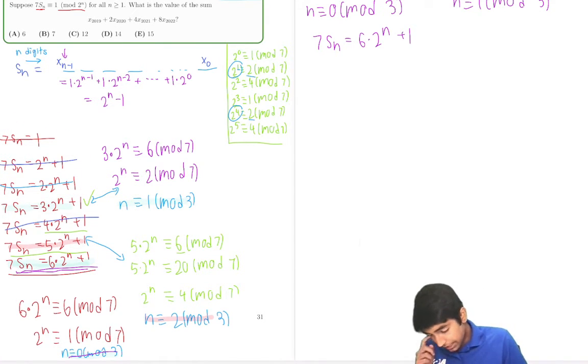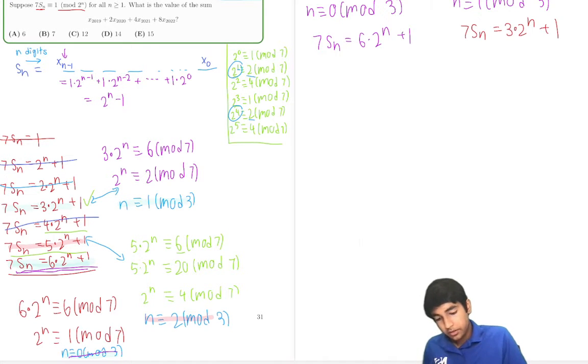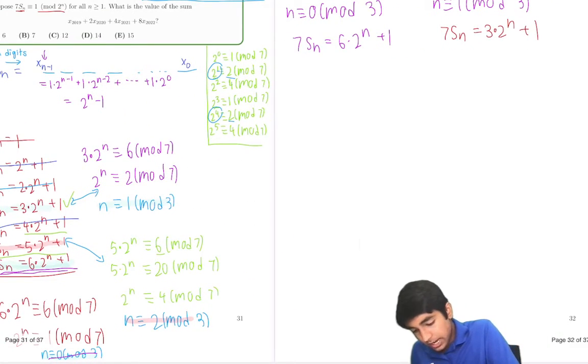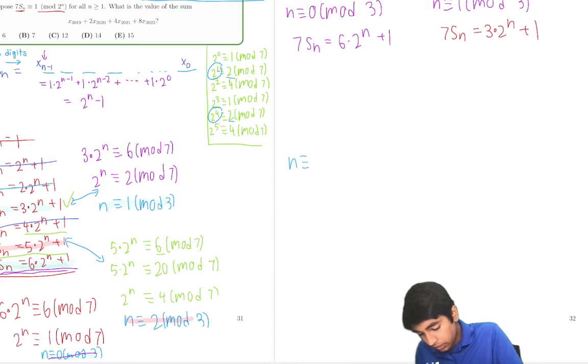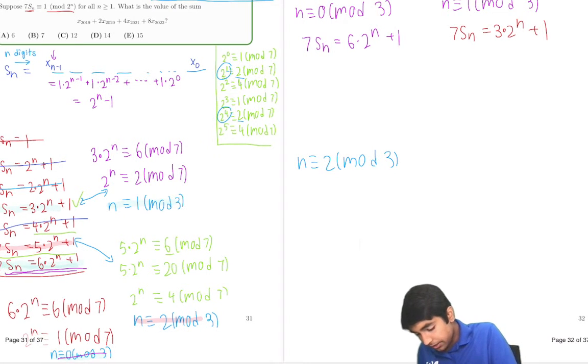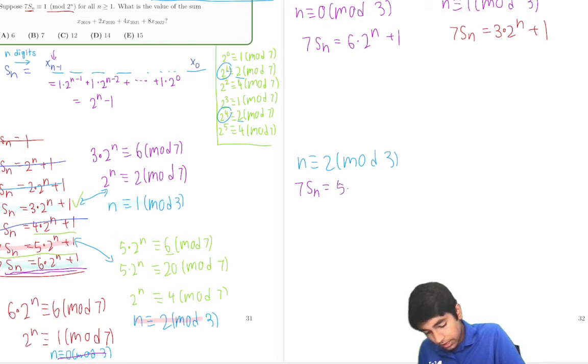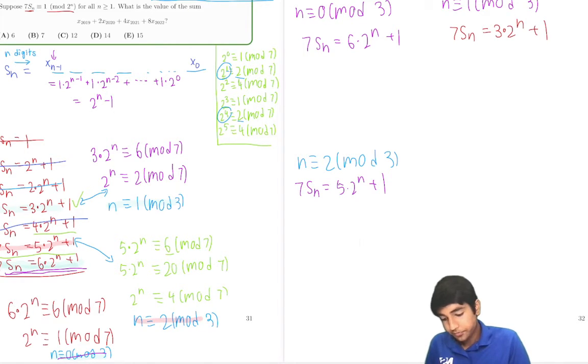So for n equals 1 mod 3, it's 7 Sn equals 3 times 2 to the n plus 1. And finally, we have that for n equals 2 mod 3, like we found down here, by similar logic, this equation is the only one true. 7 Sn equals 5 times 2 to the n plus 1.